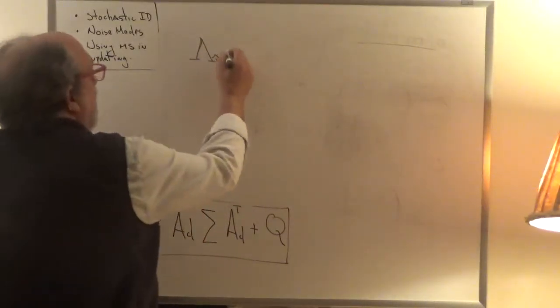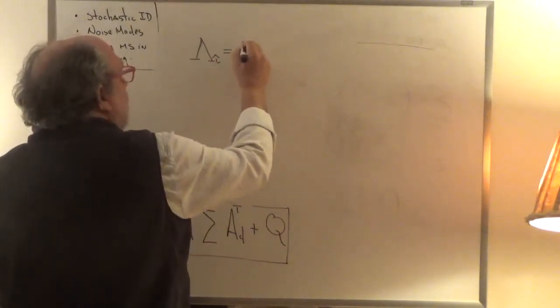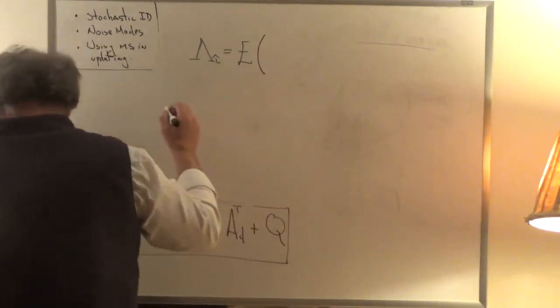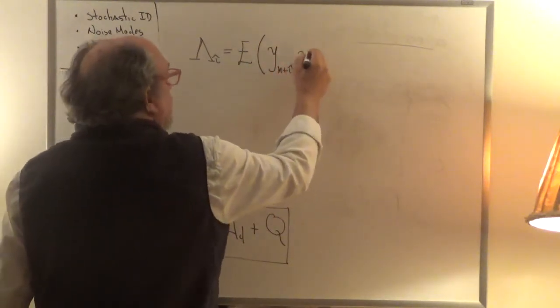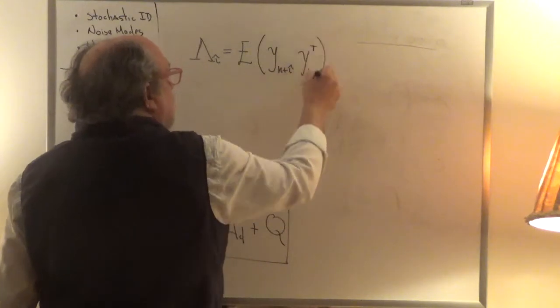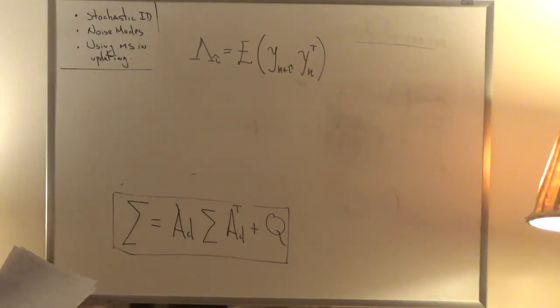Lambda i is defined as the expected value of y at k plus i times y at k transpose. Now remember, y is the only thing that I have, right? Because I have output measurements. So we do have and can calculate empirically what this thing is.